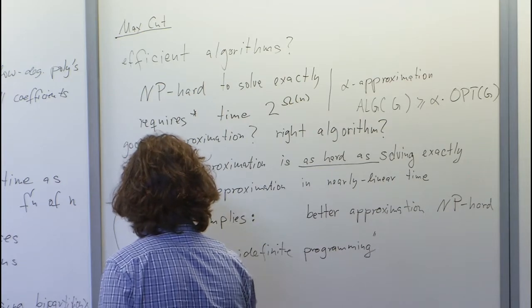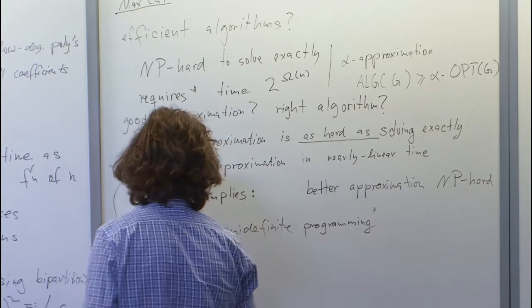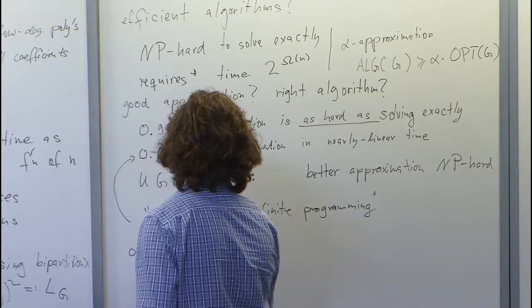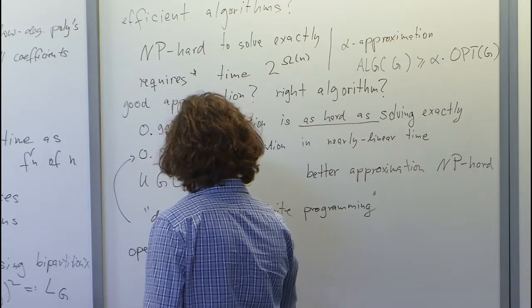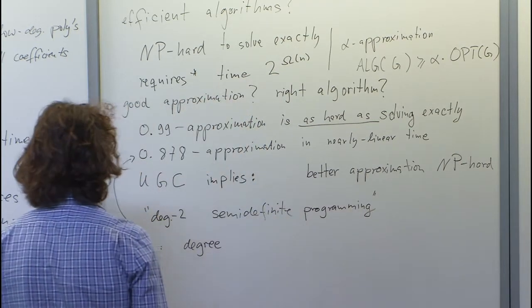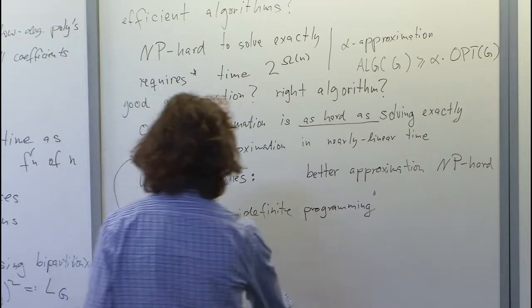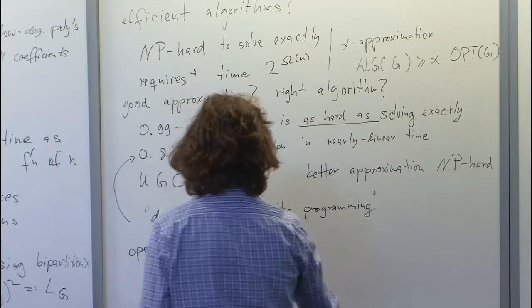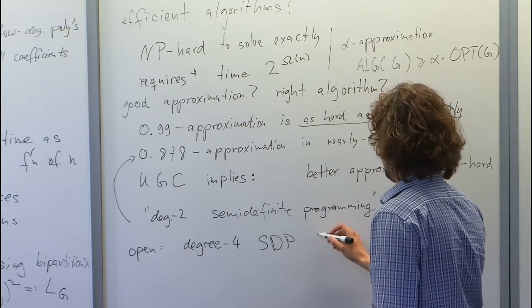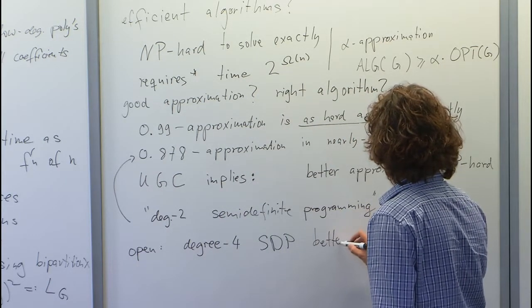Just like there's degree 2 semidefinite programming, there are higher degree versions, and it's open whether degree 4 semidefinite programming gives a strictly better approximation.